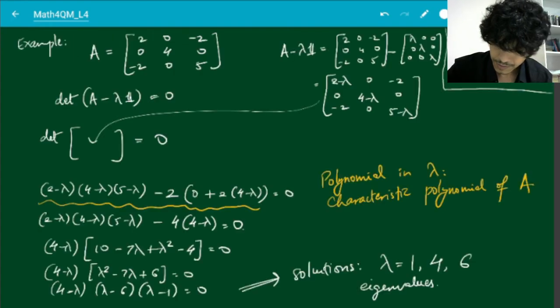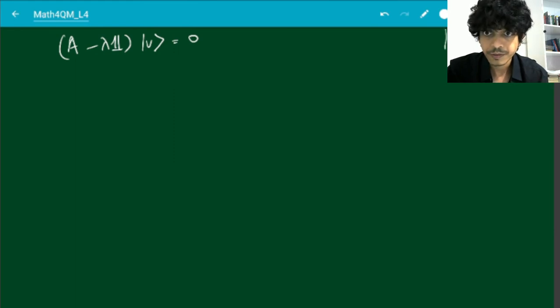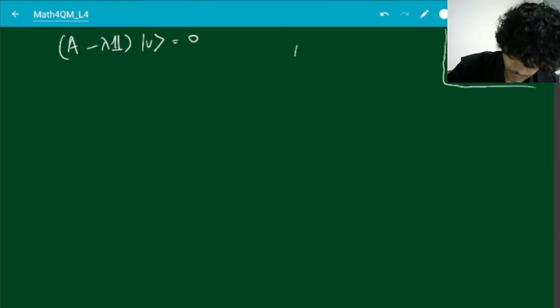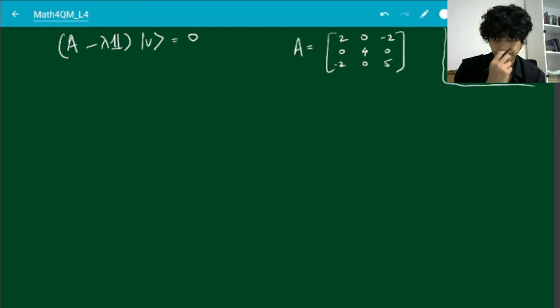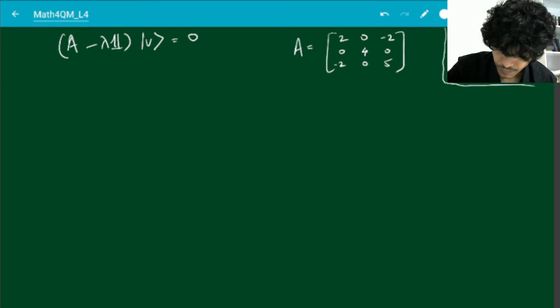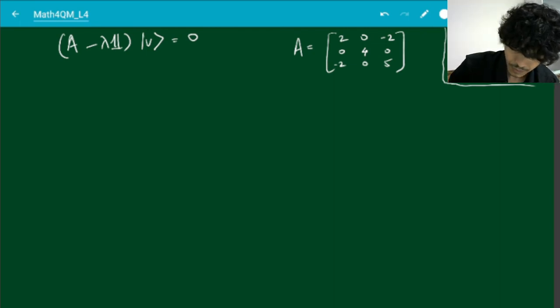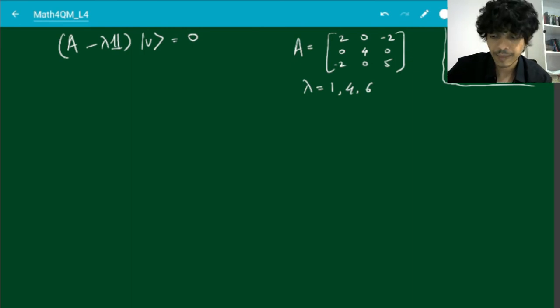So let me just write down A one more time for my reference. A is 2, 0, minus 2, 0, 4, 0, minus 2, 0, 5. And we said that lambda is 1, 4 or 6. So first let's find the eigenvector corresponding to lambda equal to 1.